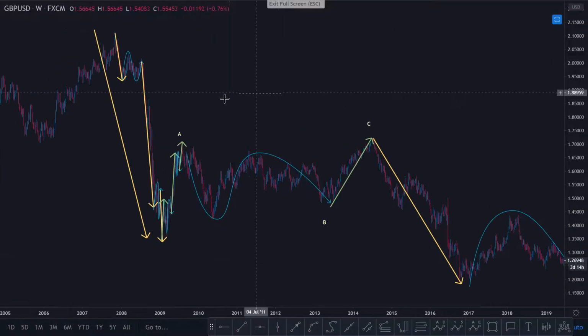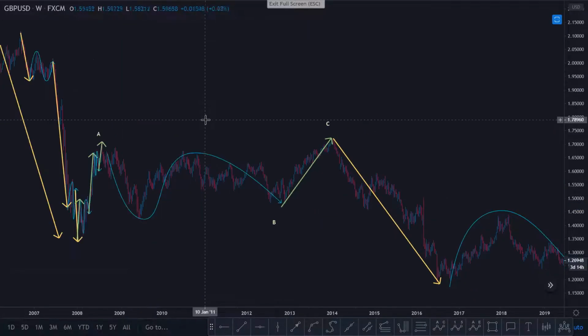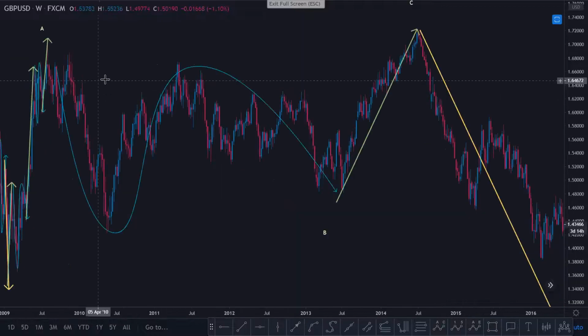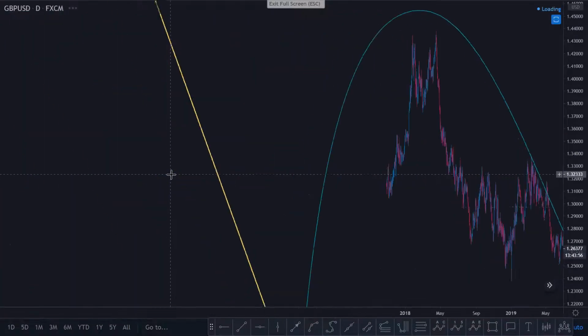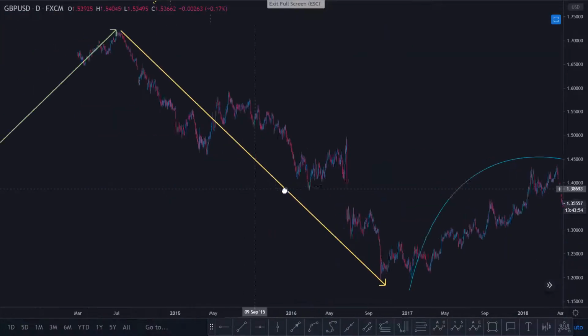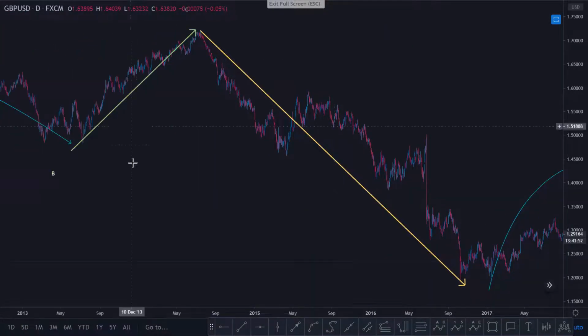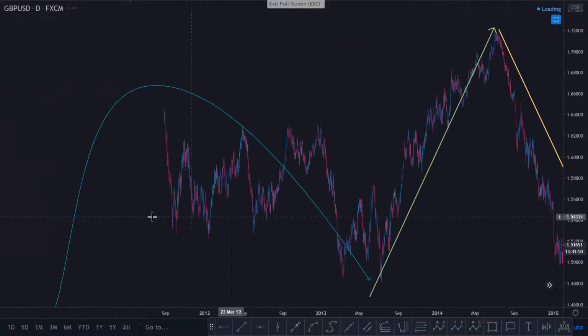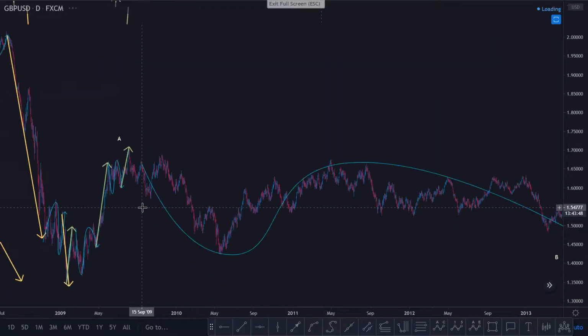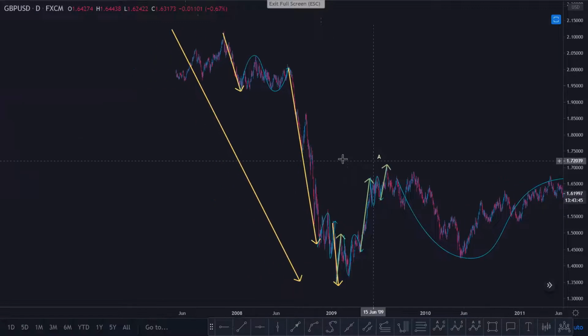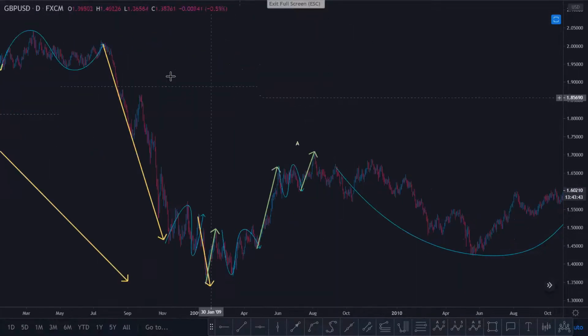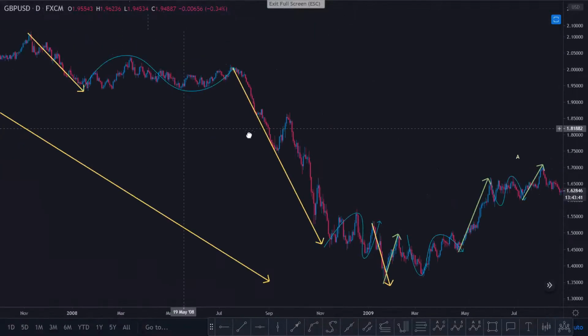So first of all, we have this impulse, correction, impulse. What becomes important in trading this price action is identifying what these impulses are, and secondly, identifying the corrections. And that's the most important part. We have different types of corrections.